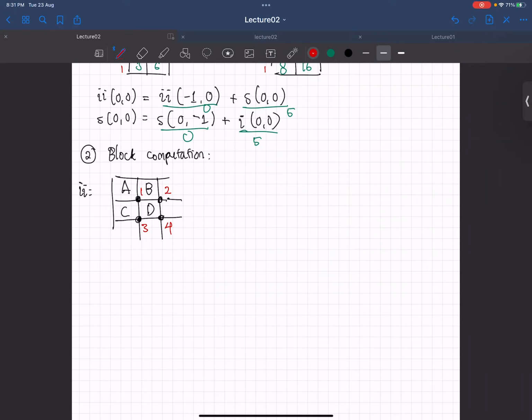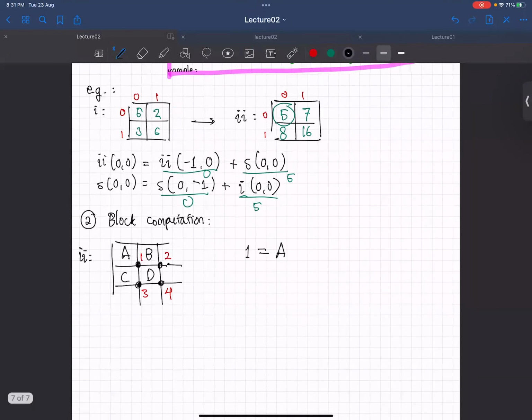So node 1 equals A. A again is a value. If it is 1 pixel, then it's 1 value. So in this case, for the example that we have here, A equals 5. If your node 1 is there, then node 1 equals 5.